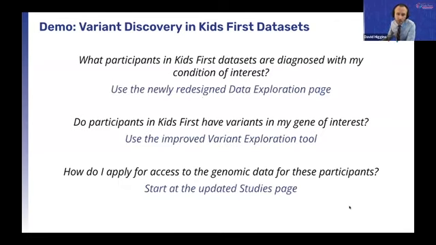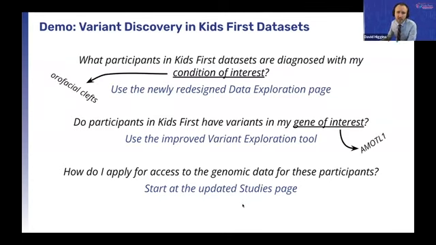We'll answer the first by looking at the newly designed data exploration page. We'll look at variants in the genes of interest using the improved variant exploration tool. And then we'll explore the genomic data and how to apply for it by looking at the updated studies page. Again, we're going to use our example. Today our condition of interest is orofacial clefts, and our gene of interest is AMOTL1.